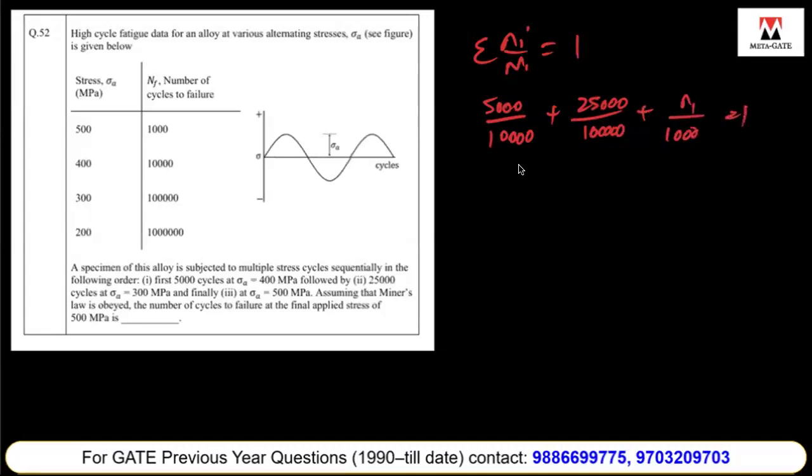So it is sum equal to 1. So it is 1 by 2 plus 1 by 4 plus n1 by 1000 is equal to 1 by 4, which is 0.25. So n1 equal to 250.